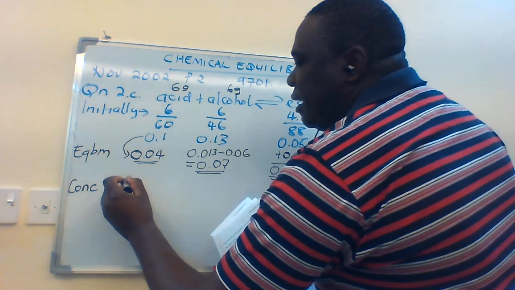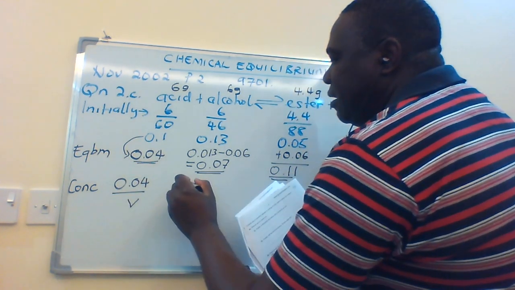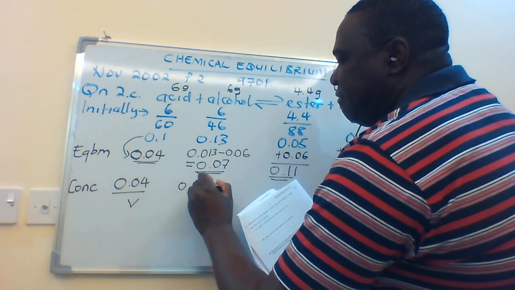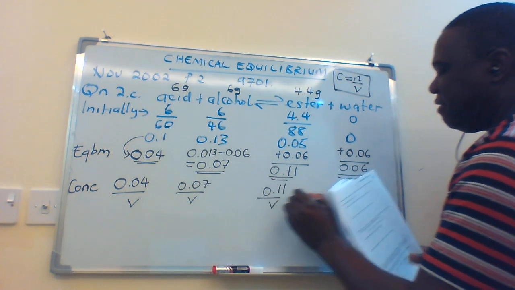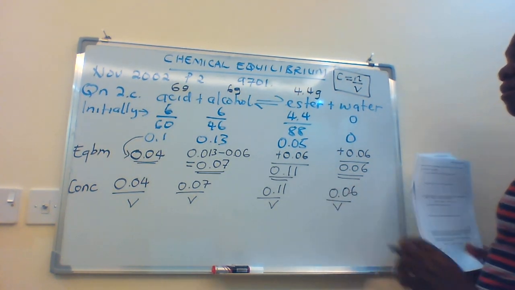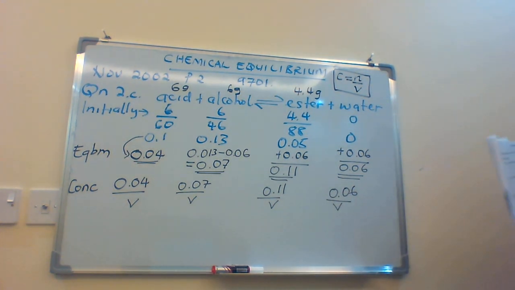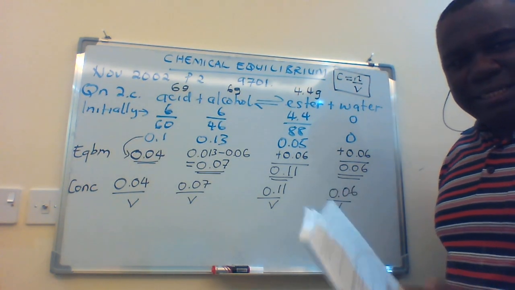So I could say here 0.04 over V, here 0.07 over V, 0.11 over V, 0.06 over V. Now, my values are ready for calculating Kc.